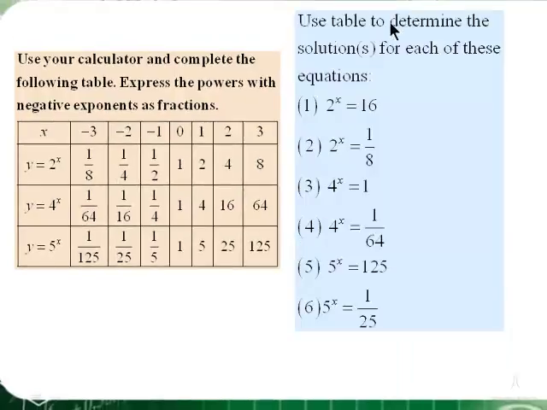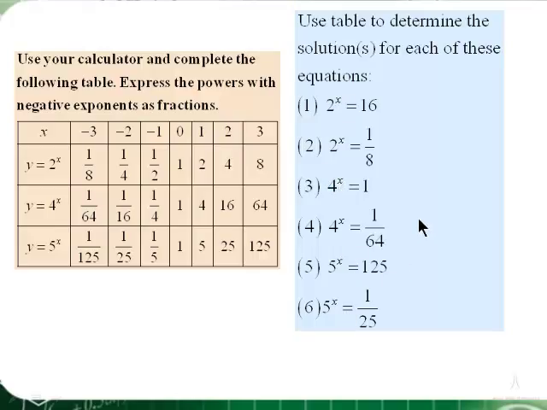Now we can use this table to determine solutions for the 6 questions that I've listed here below. Now from the table it's pretty clear that we can consider 2 to the power x, or 4 to the power x, or 5 to the power x.